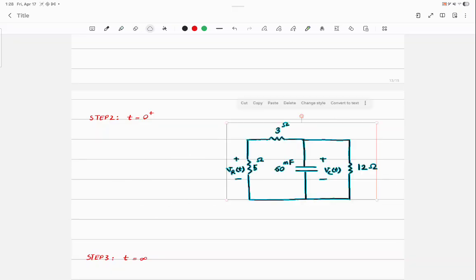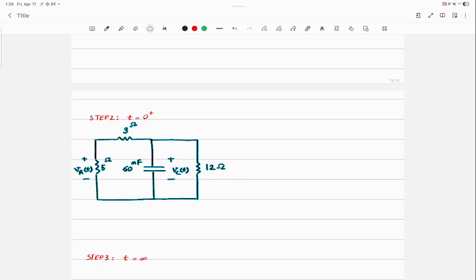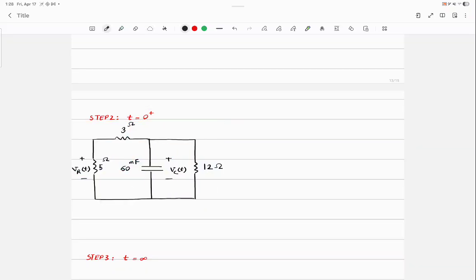Now, this is your circuit. Tell me what to do to this circuit to prepare it for t equals 0 positive.